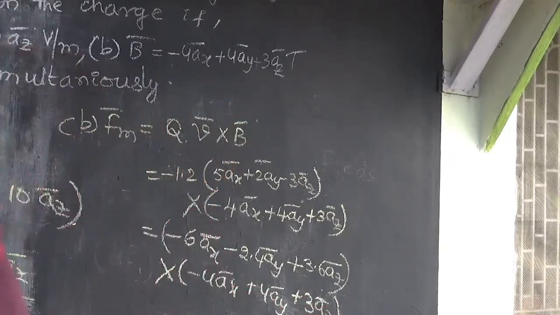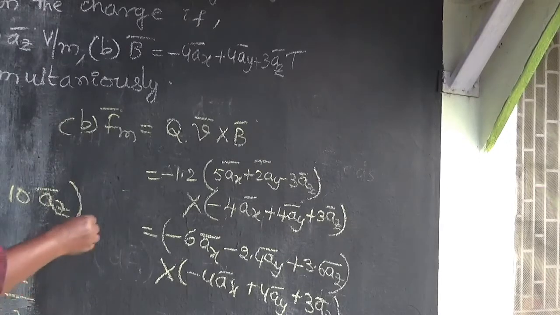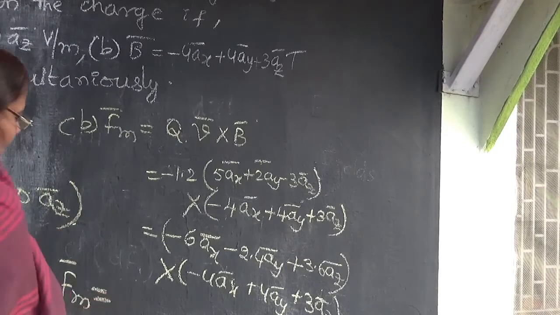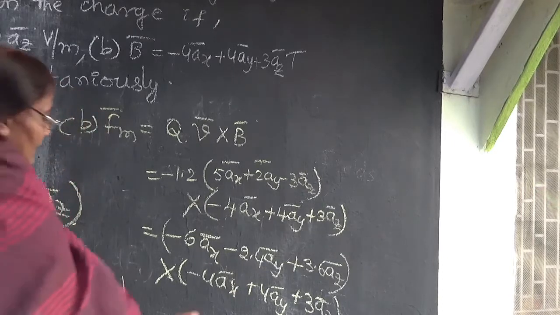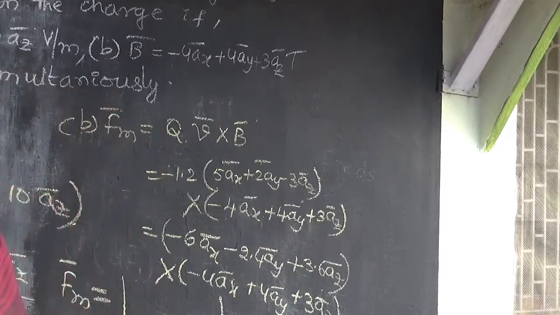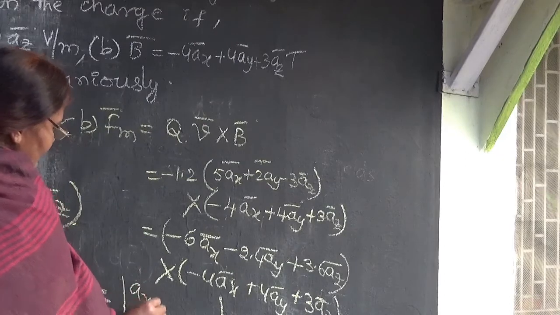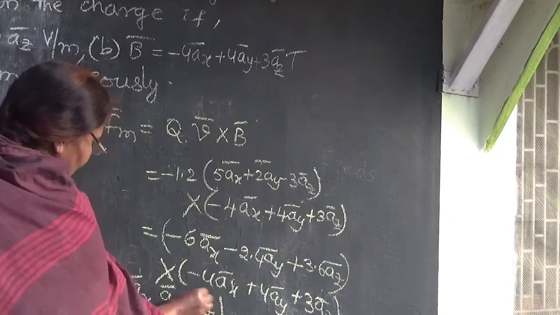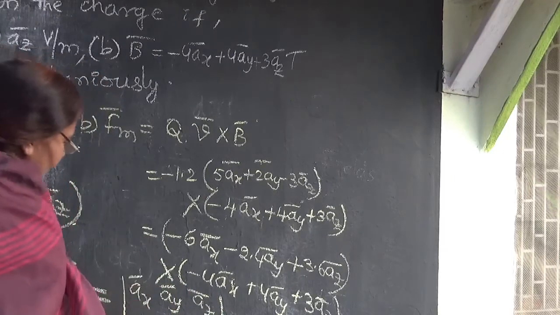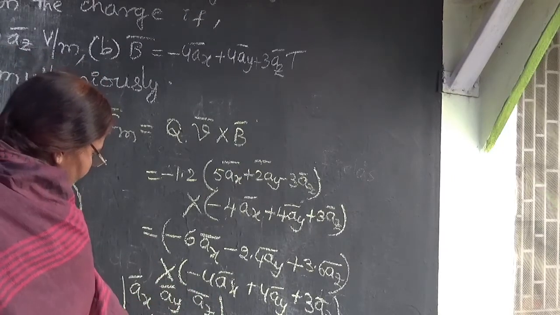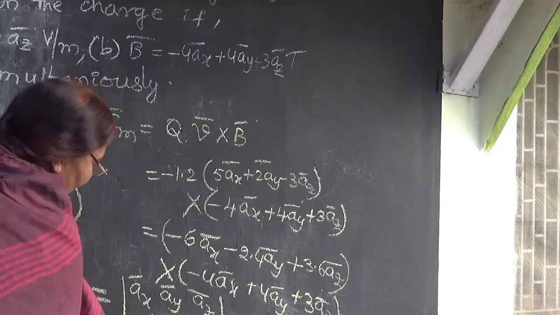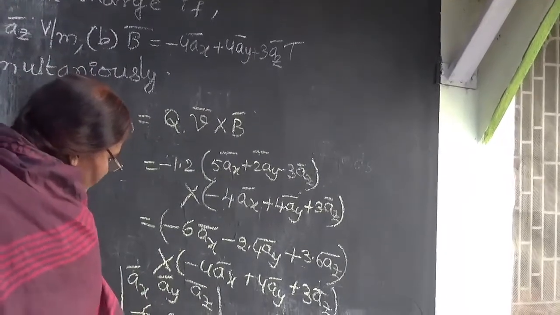So how can I do the cross multiplication of these two quantities? I will take the determinant: Ax bar, Ay bar, Az bar, and the first row minus 6, minus 2.4 and 3.6, then minus 4, plus 4 and 3.